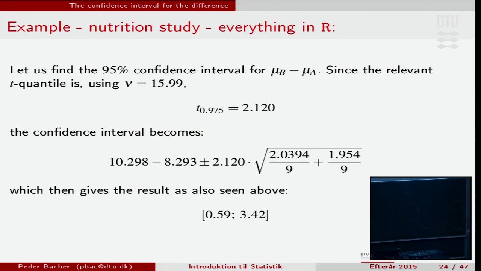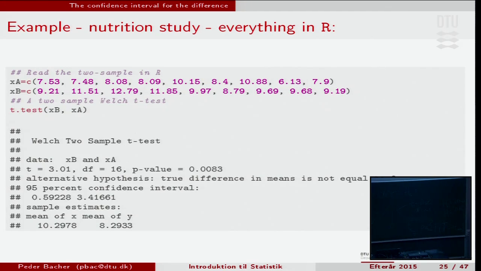And then we can already see that if we ask the null hypothesis, there is no difference, that means that mu A minus mu B is equal to 0, then that 0 is not included in this confidence interval. Therefore, we know that we would reject this null hypothesis, which was also the case when we did it the standard way of calculating the hypothesis test.